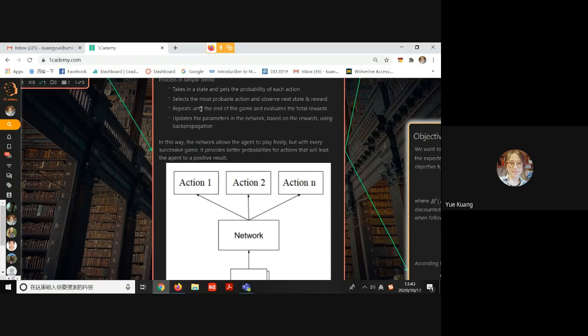It repeats until the end of the game and evaluates the total rewards. Based on the rewards and using backpropagation, the parameters theta in the network can be updated. In this way, the network allows the agent to play freely, but with every successive game, it provides better probabilities for actions that will lead the agent to a positive result.